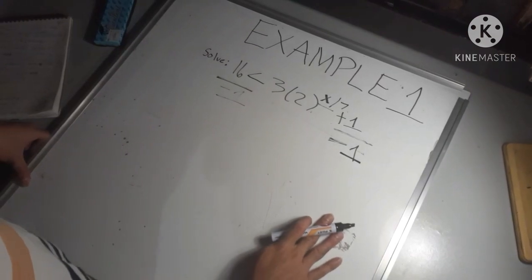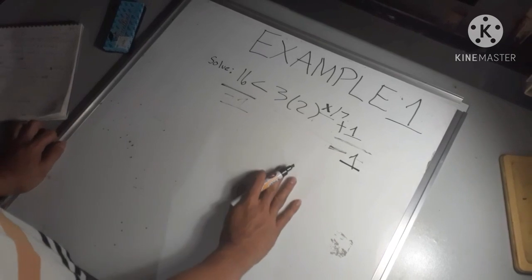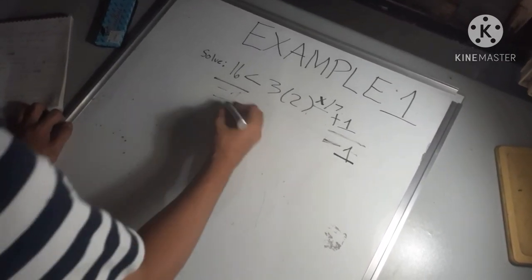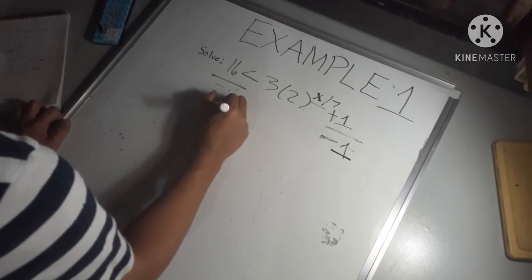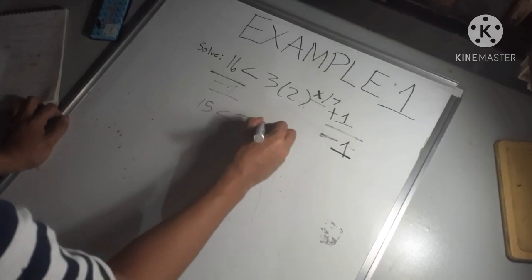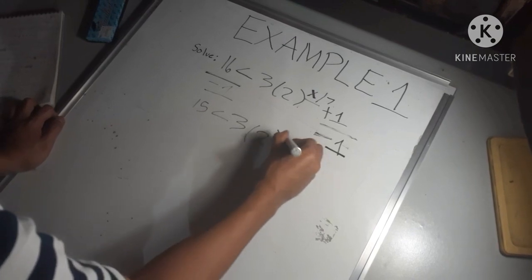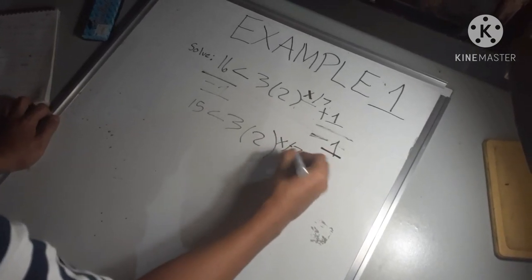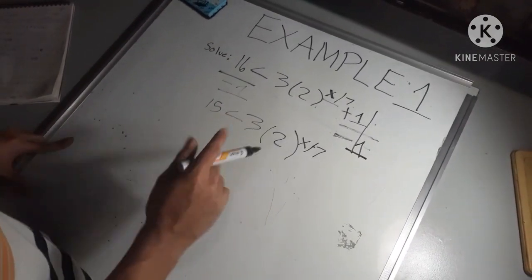So we need to subtract negative 1 from both sides. And the answer must be 15 less than 3 times 2 to the power of x over 7. So we have here the answer.